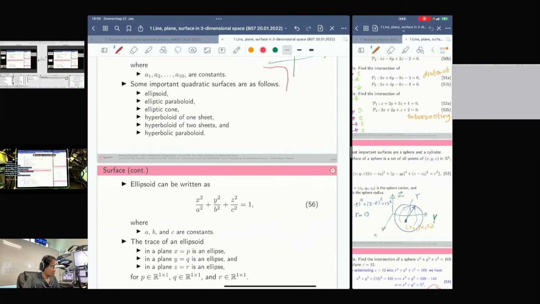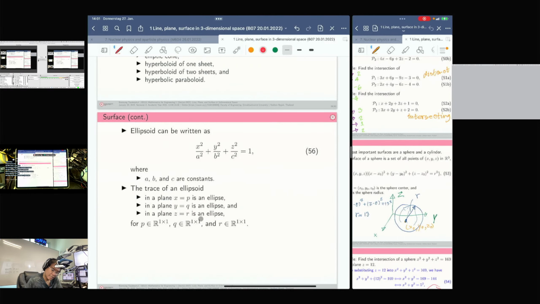The detail of the ellipsoid is the following. The trace, which means the line or the curve on some plane.